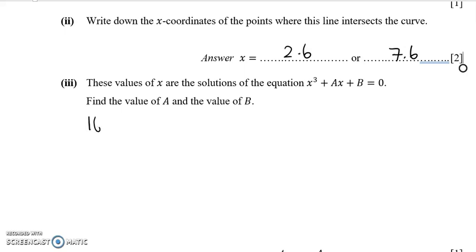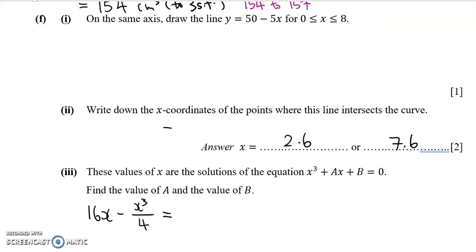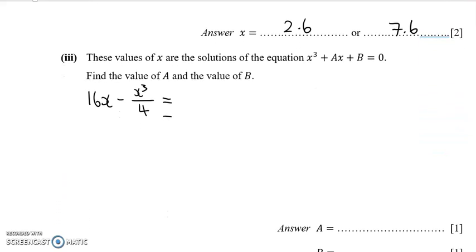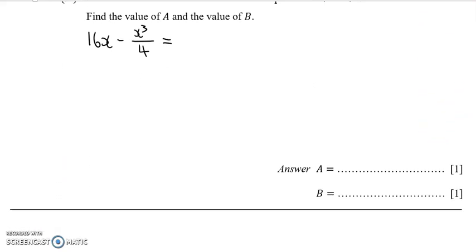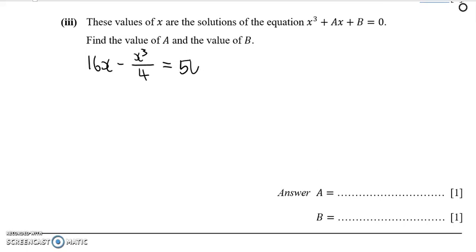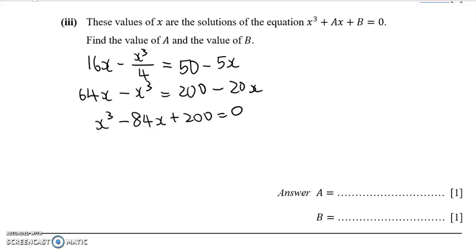So the curve is y equals 16x minus x cubed over 4, and the line is y equals 50 minus 5x. So basically we are equating the two y's together, and then we do some simplification first. We multiply everything by 4 to get rid of the fraction.